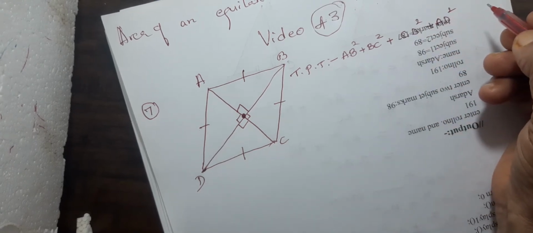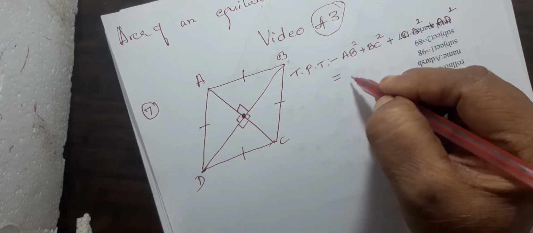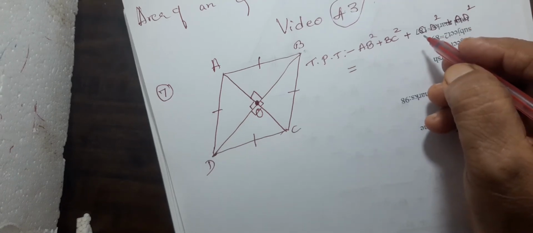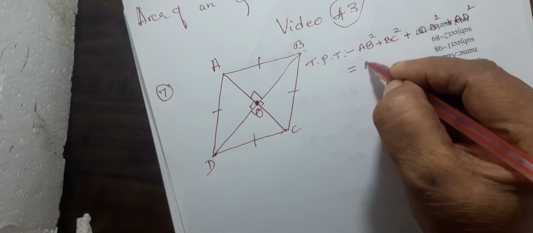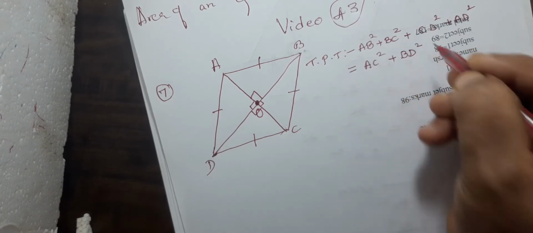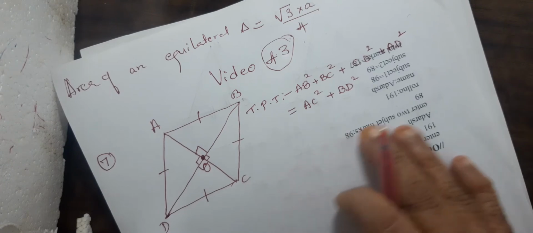The sum of the squares of the sides is equal to, you have to prove here, the sum of the squares of the diagonals. So AC squared plus BD squared. This is the meaning of the wordings there. What you have got to prove, I have just written.